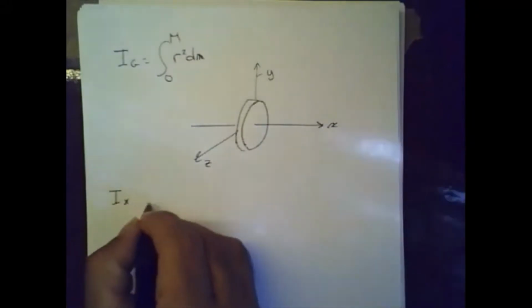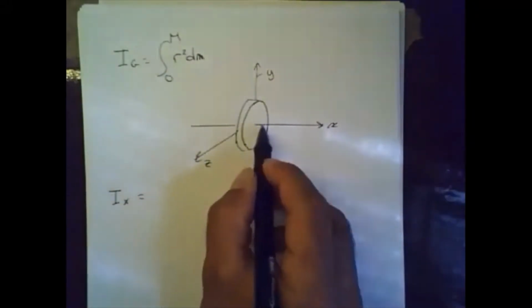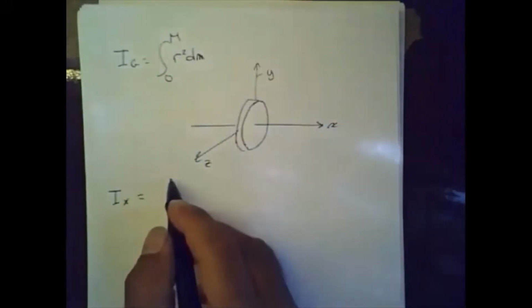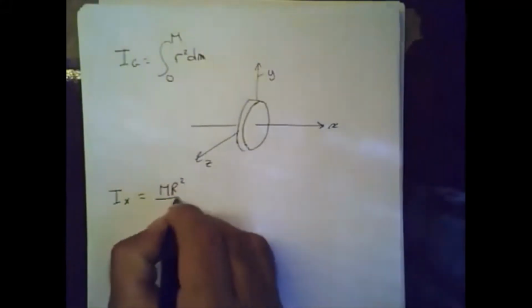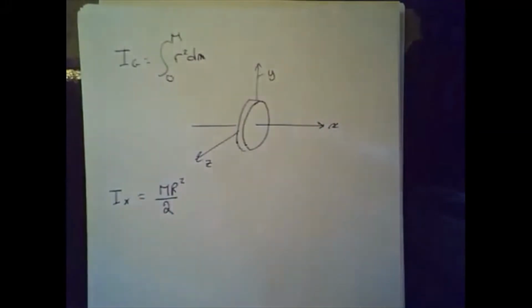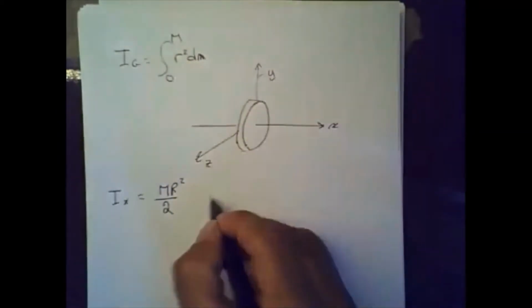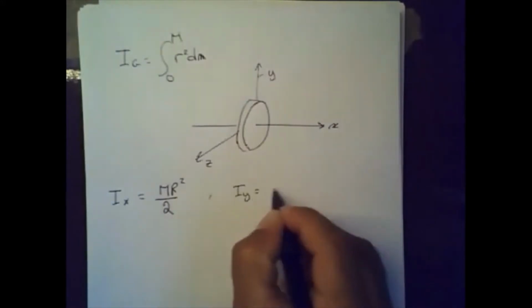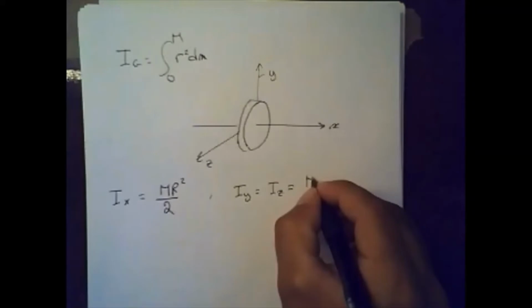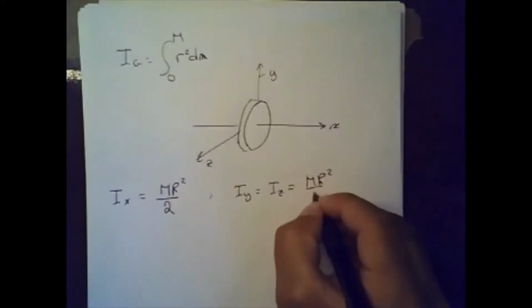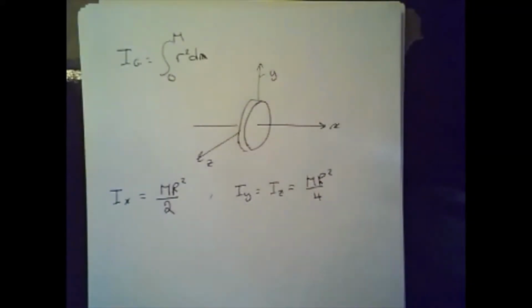Ix, if the disk is rotating about the center, then the moment of inertia of the disk will be equal to mr squared over 2. If the disk is rotating about Iy or Iz, then the moment of inertia will be equal to mr squared over 4. These are basic things that you need to know.